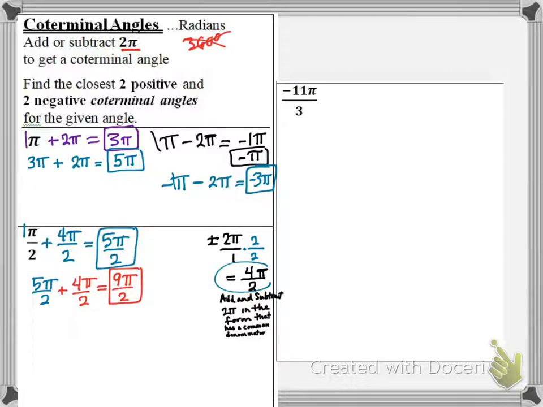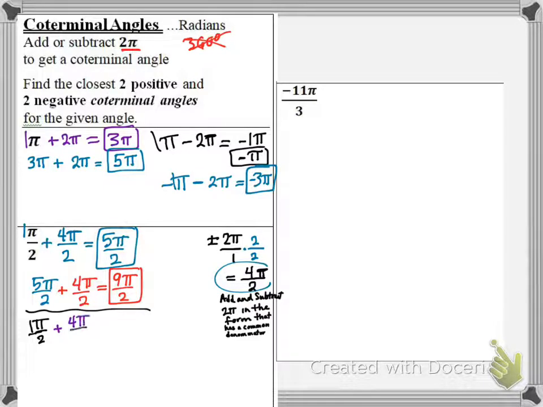I need some negative ones too. So it doesn't help me to start with that red one there. I need to go back and start with the original. So I'm going to go back and start with pi over 2, maybe call it 1 pi over 2, and add 2 pi in this form.